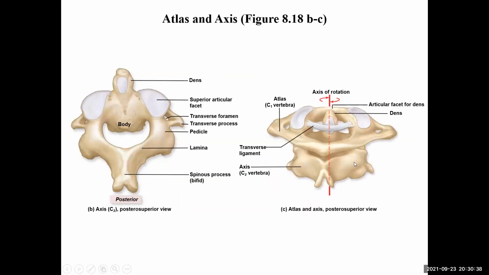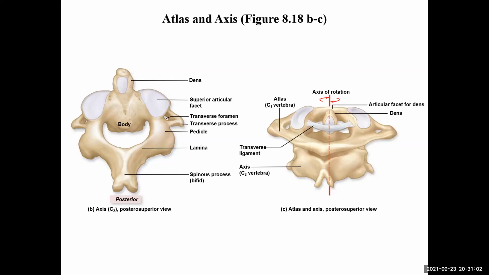All right, here you can see this beautiful picture of the atlas on top of the axis. C1 is on top of C2, and then you've got your transverse ligament. This is the ligament that will hold the atlas up against the dens right here. And so that allows you to shake your head no. That little tiny ligament.